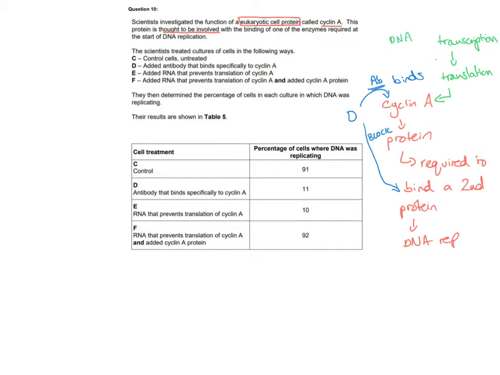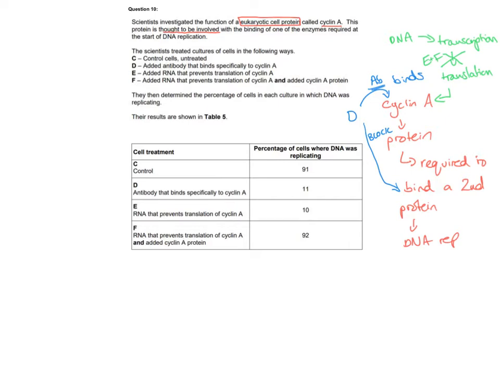So there must be a gene for cyclin A, which is transcribed and translated to make cyclin A. And in E, they're adding RNA, a molecule that prevents translation of cyclin A. So I've got mRNA for cyclin A present, but I haven't got the protein being made. And finally, in F, they are doing the same. Okay, so in E and F, they're doing this, but they're also adding more cyclin A artificially.